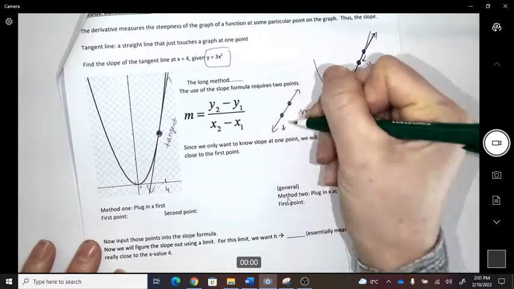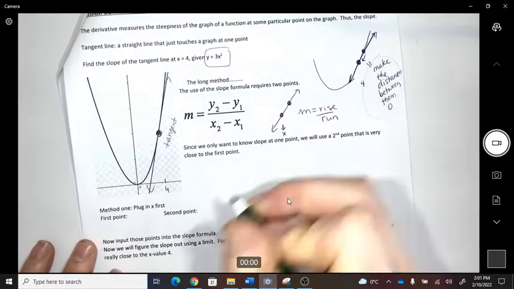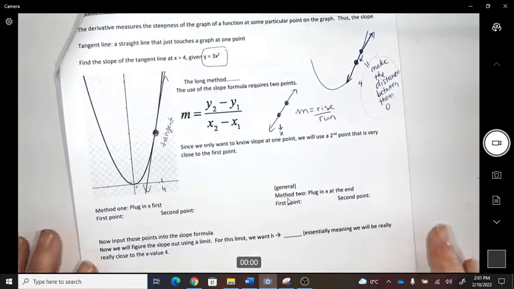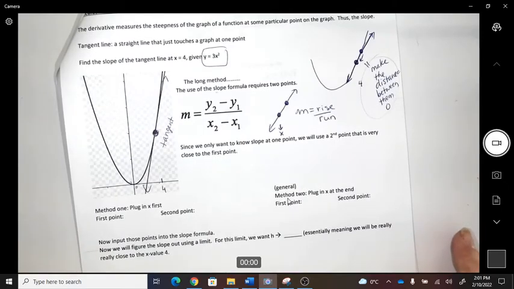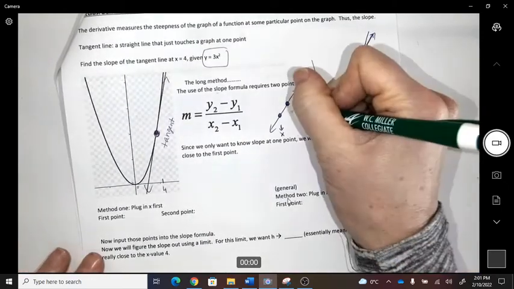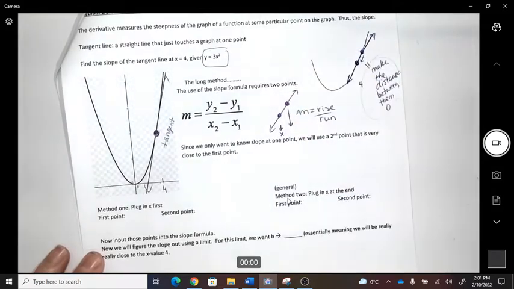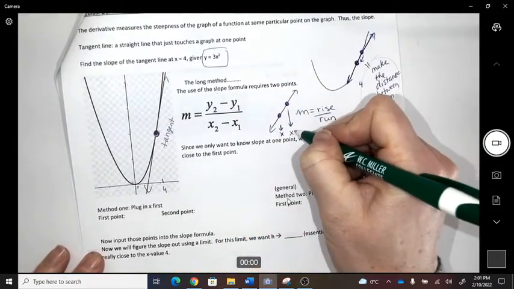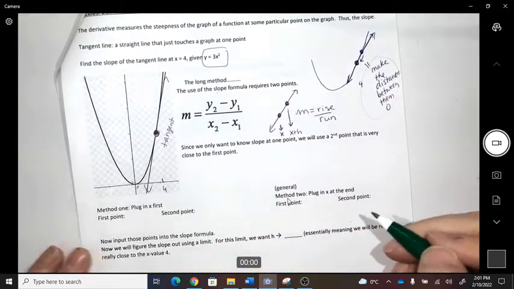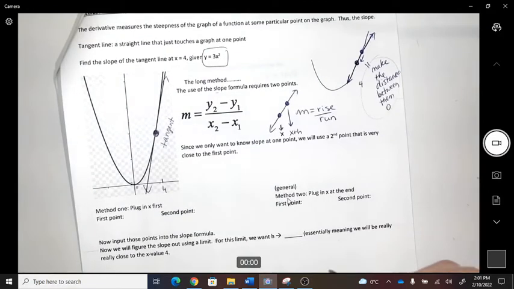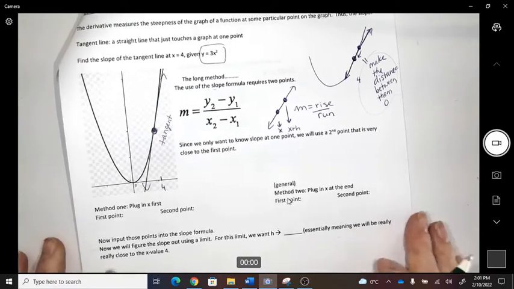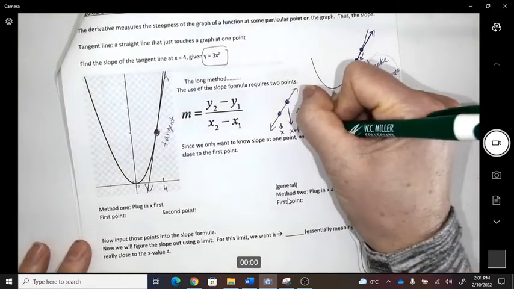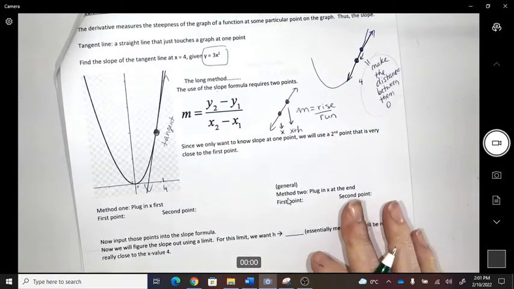So this is going to be our starting x coordinate. And here's how I'm going to describe that x value. X plus a little amount. Okay? And my goal is to make that little amount 0. So x plus h amount. That's an h.